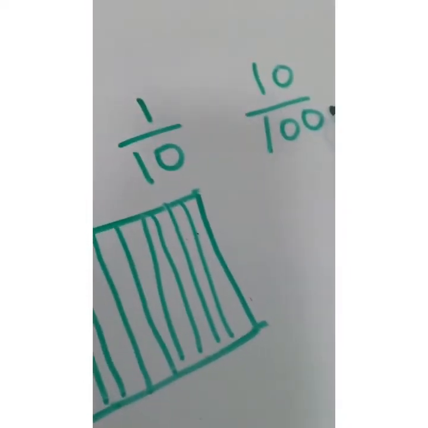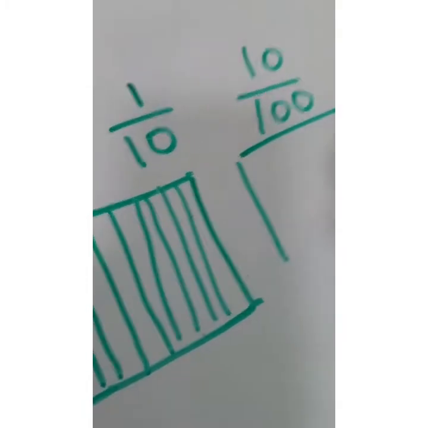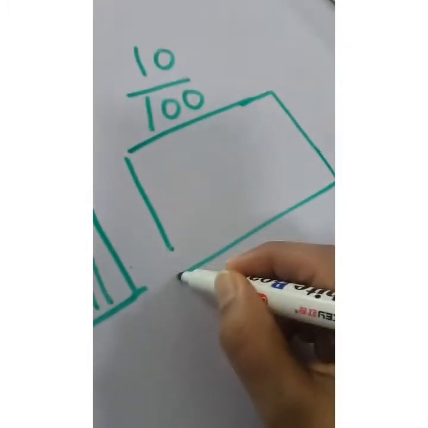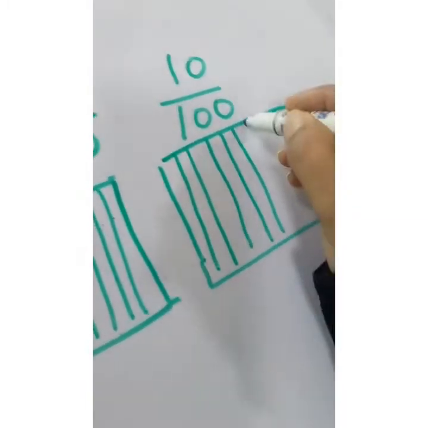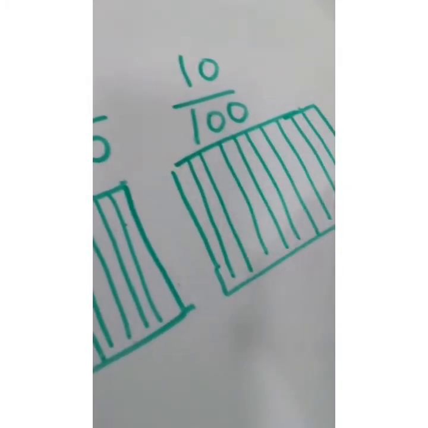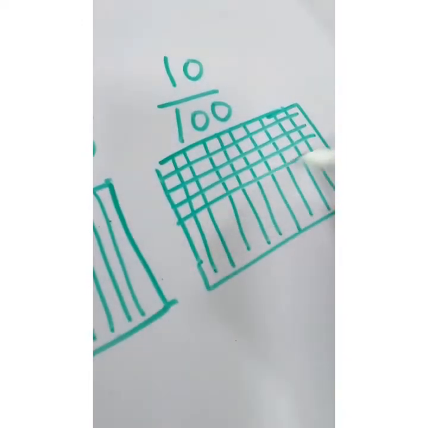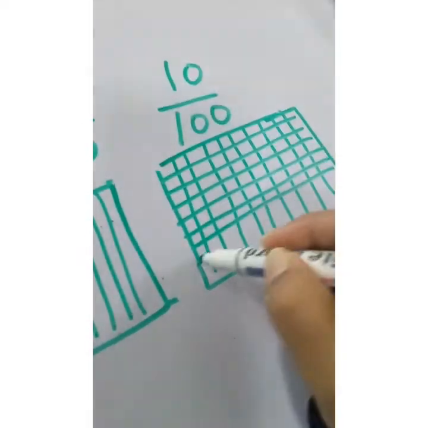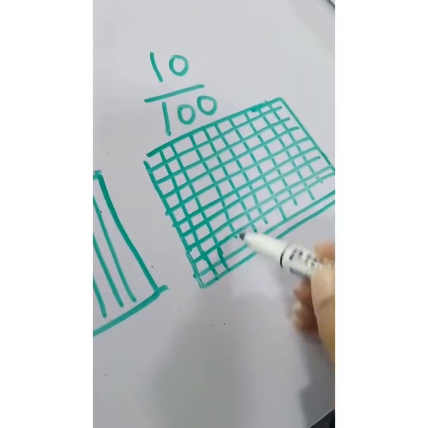I'm going to draw now 10 over 100. 1, 2, 3, 4, 5, 6, 7, 8, 9, and 10, and again 1, 2, 3, 4, 5, 6, 7, 8, 9, and 10.